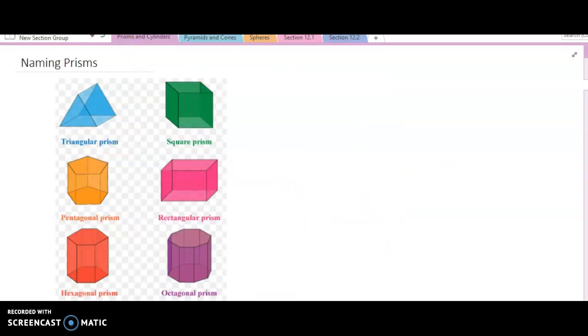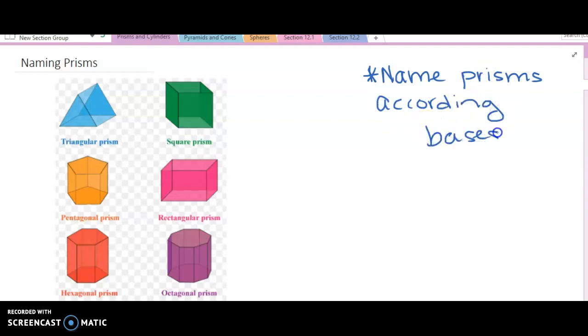All right, guys. Now when it comes to naming prisms, and this isn't in your foldable, but you probably should write a note on there, that you name prisms according to their bases. Okay, so like here, the base would be this triangle and this triangle, so it's called a triangular prism.